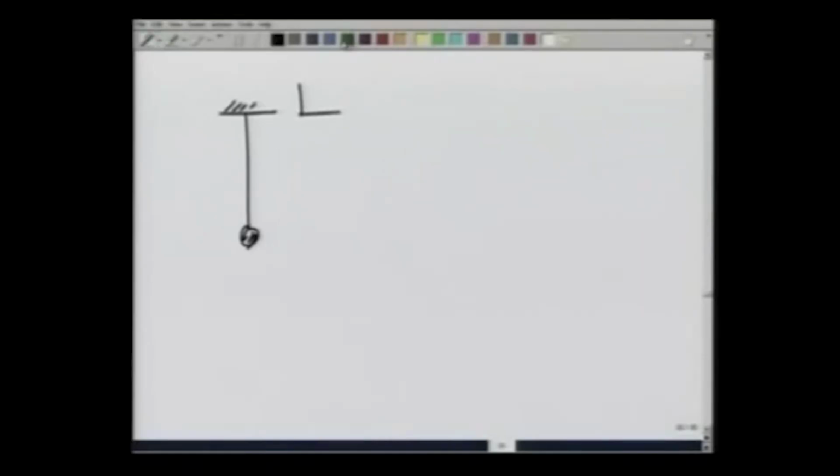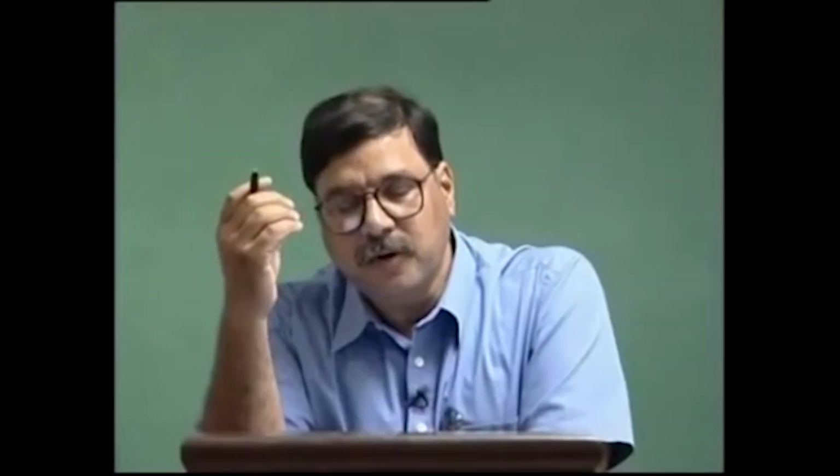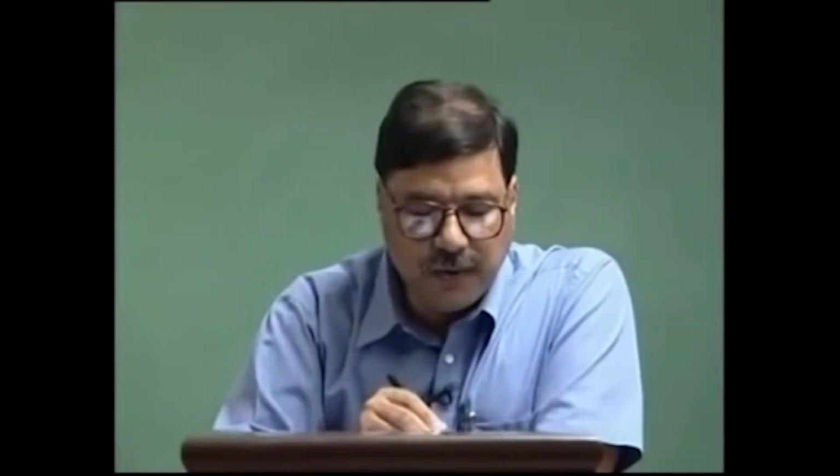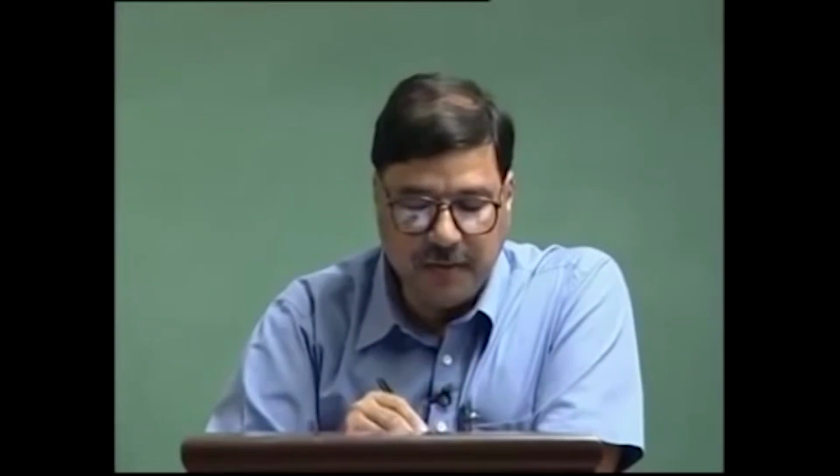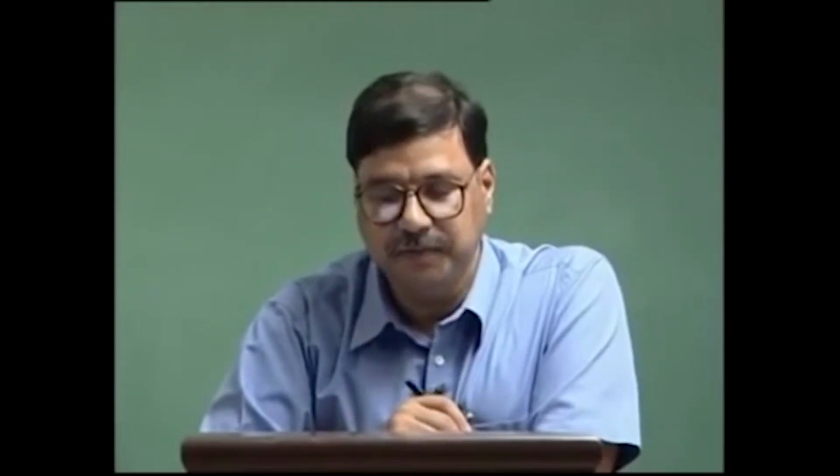In that frame, this is the equilibrium position of the pendulum, such that this angle is tan inverse A over G. So, in this non-inertial frame, this is the equilibrium position. So I am looking at the pendulum as if it is moved to one side from the equilibrium position by an angle tan inverse A over G.